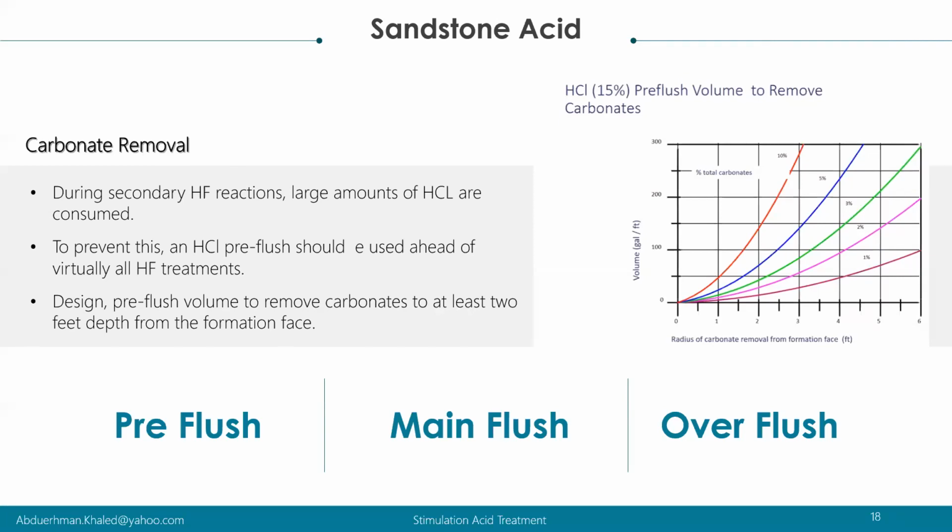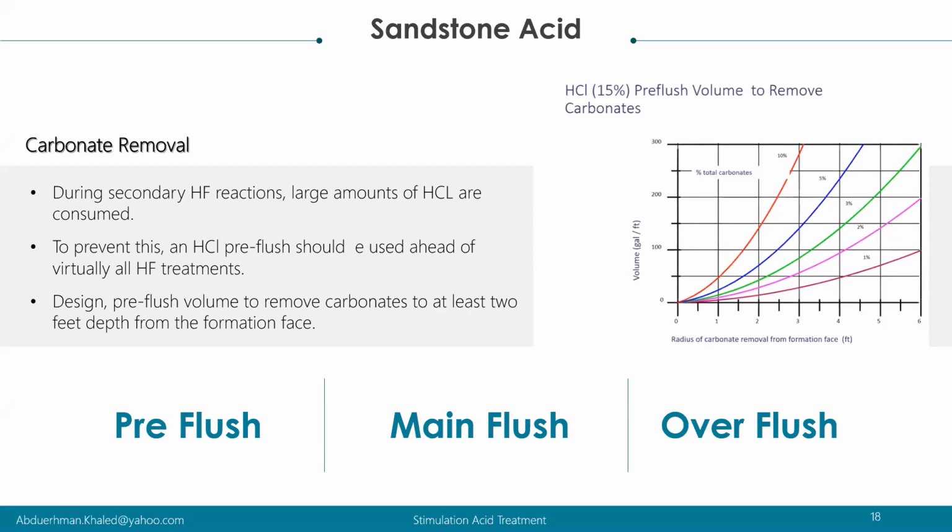So we pump HCl to remove all the carbonates as a pre-flush, and then we start the main flush to react with the clays and fines, drilling mud and silicates to improve the near wellbore permeability.